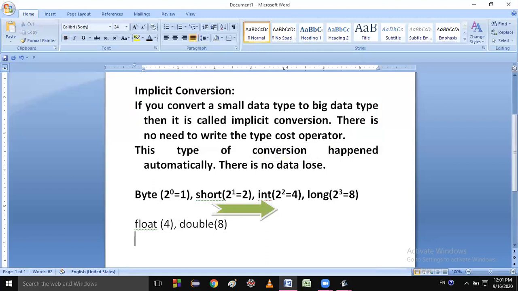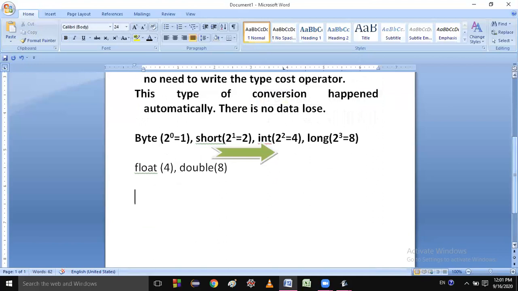So let me write the explicit type conversion. What is this?